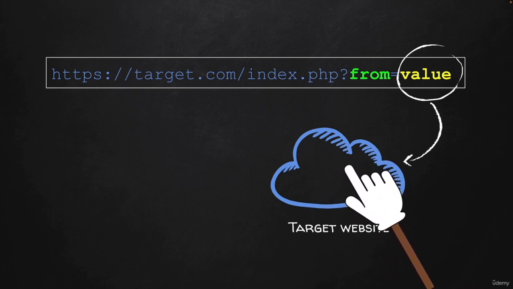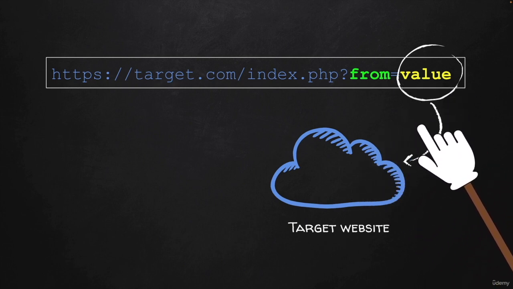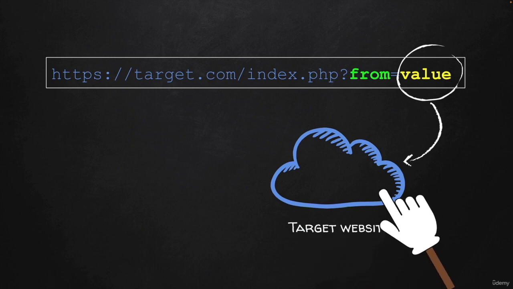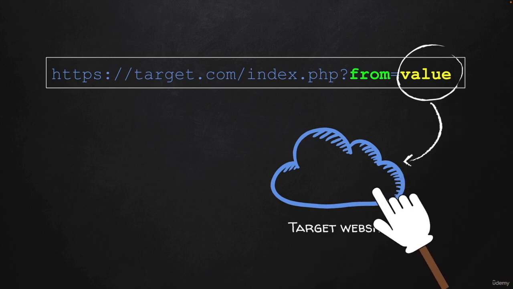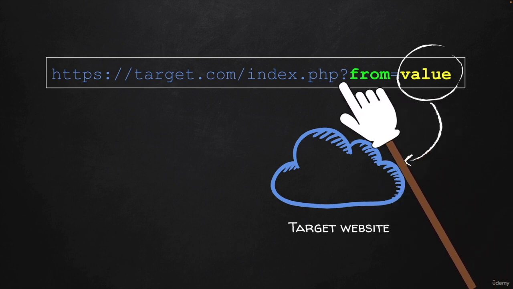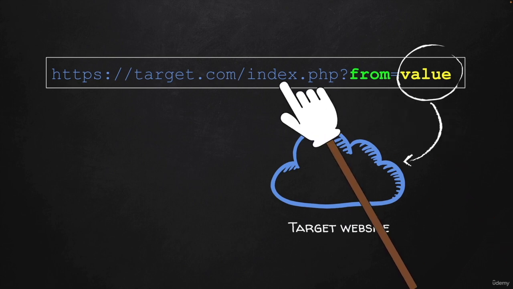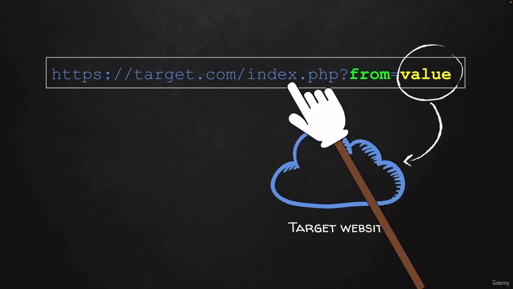But the main thing that we want to understand right now is the value after the equal sign will be sent to the target web application, which will process that value, and therefore we can use it to manipulate this web application. Now, don't worry about what comes before the equal sign, so this could take a number of forms, and even don't worry about the PHP or the name in here.